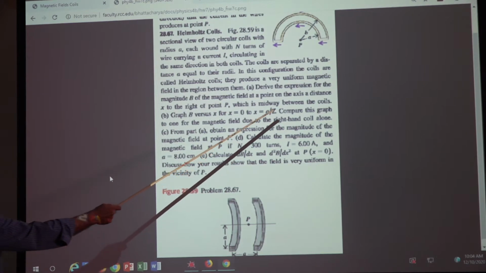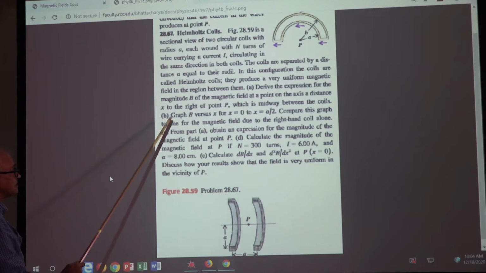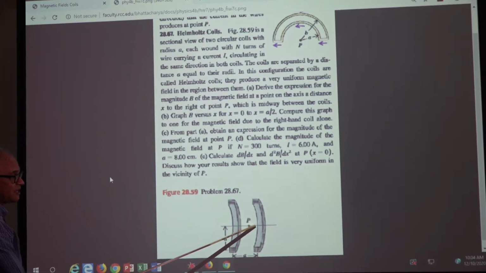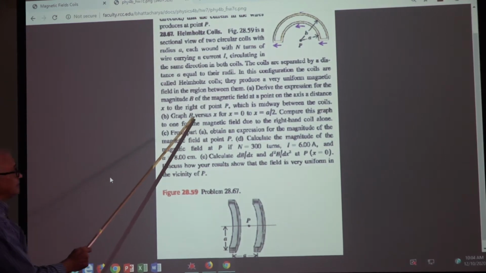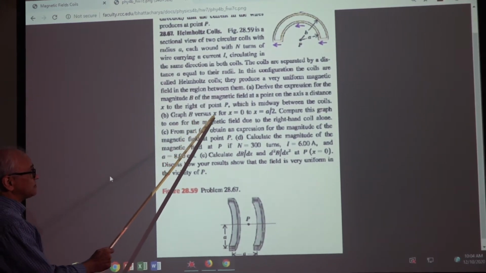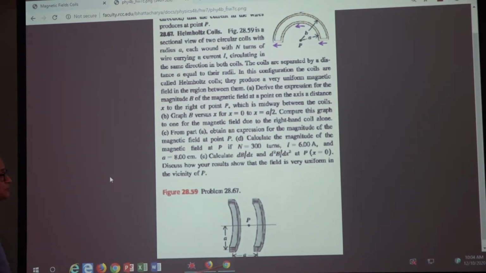First of all, derive the expression for the magnitude B of the magnetic field at a point on the axis at a distance x to the right of point P. This is exactly what that write-up wanted to do. So you have to find out the magnetic field right over here, okay? Then graph the magnetic field versus x for x equals 0 to x equals a over 2.